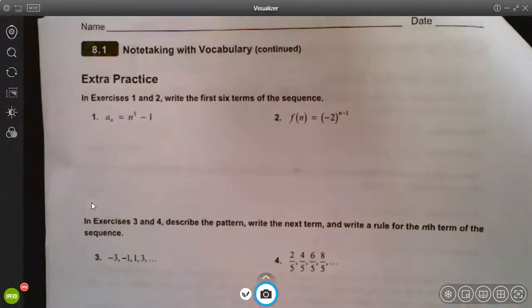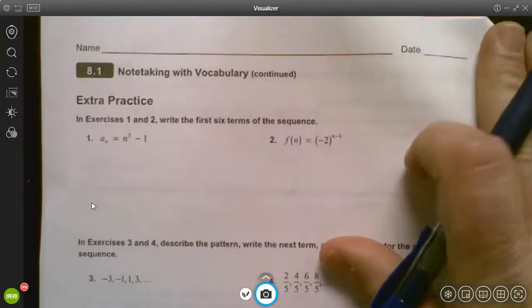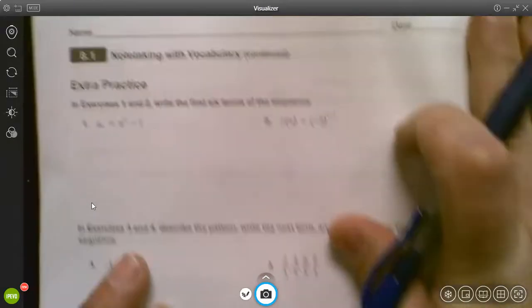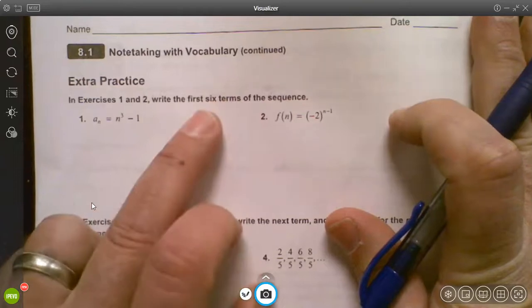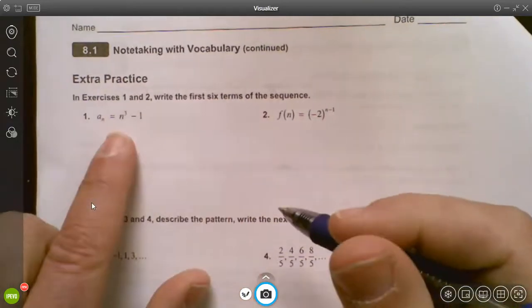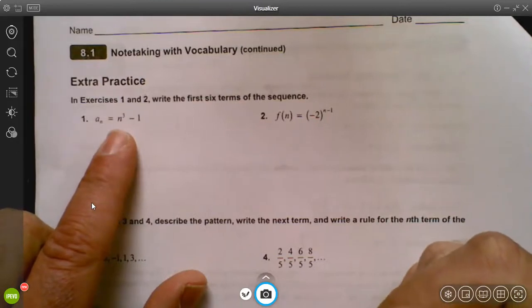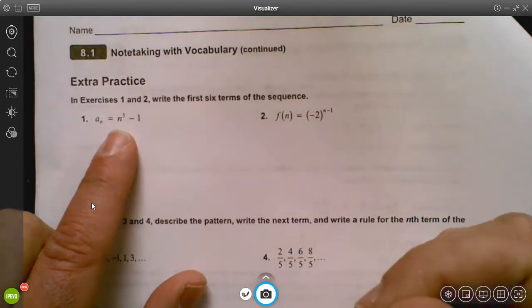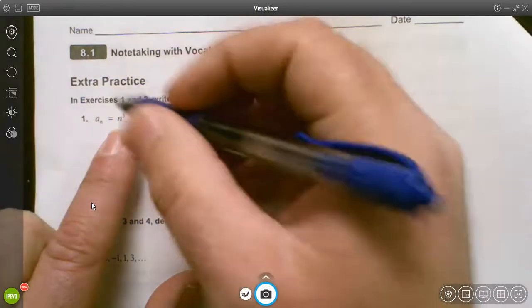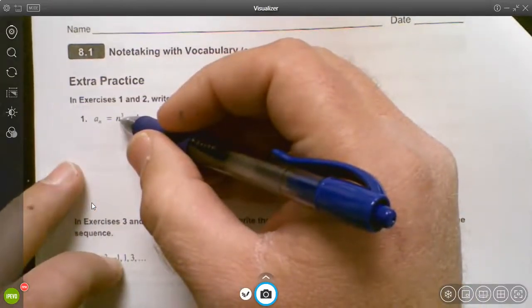So if you turn the page to this one, we're going to start out with some basics. When it says find the value of the first 6 terms of the sequence, well, here's the rule. We're going to use the rule to find our numbers. So if I want the first term of the sequence, that just means n is 1.